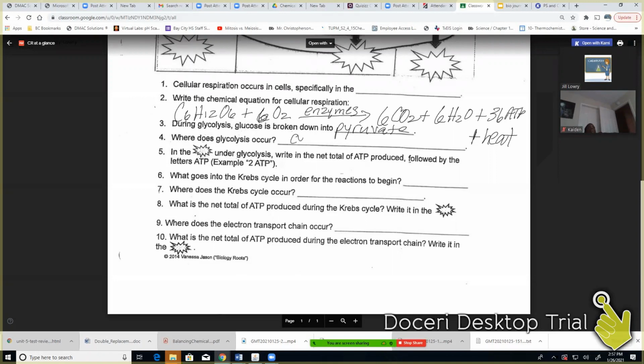Glycolysis occurs before the mitochondria, so that's the cytoplasm, outside the mitochondria. We already did number 5 because we already went in and put where all the ATPs were. What goes into the Krebs cycle in order for that reaction to begin is that it needs that acetyl-CoA. And the Krebs cycle occurs in the matrix of the mitochondria.